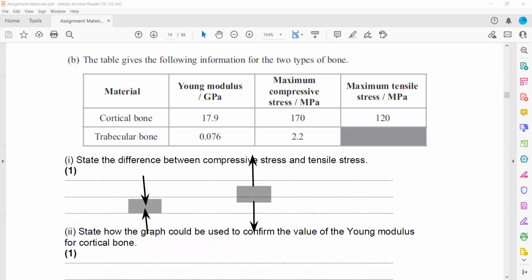So you have to write a proper definition. Compressive stress is the force applied to reduce the size, in this case to shorten the bone, and tensile stress refers to the force applied to increase the size or stretch the bone.